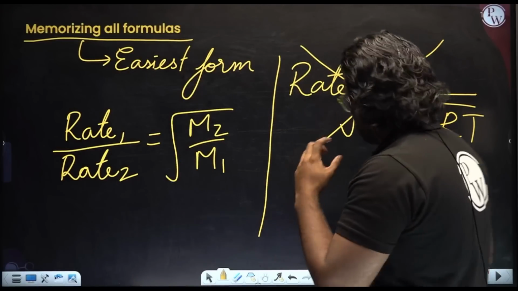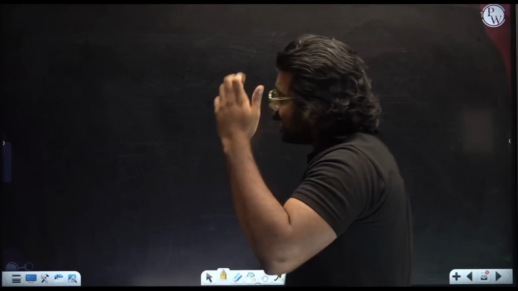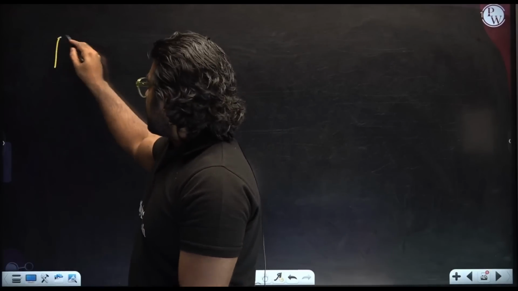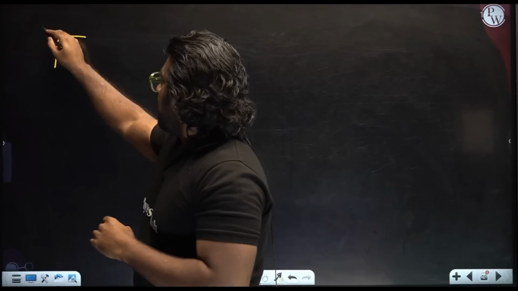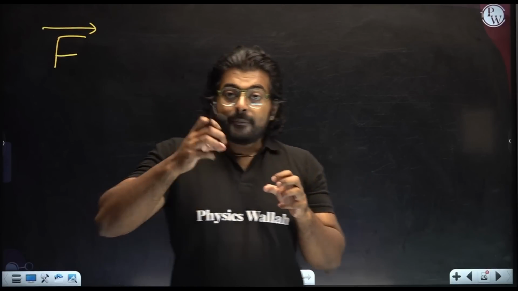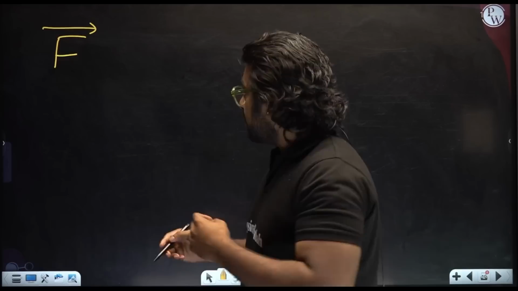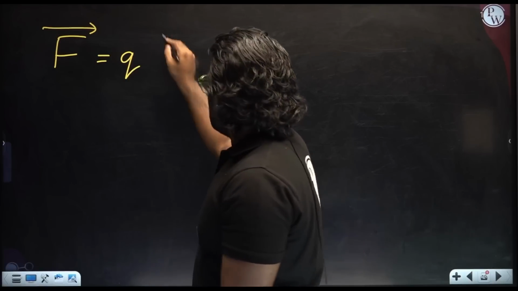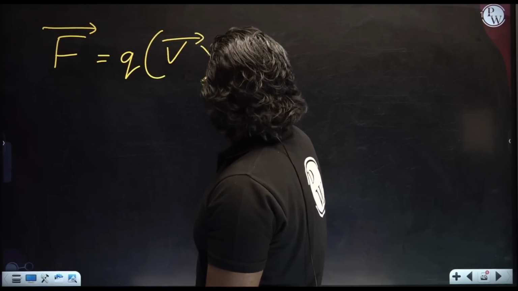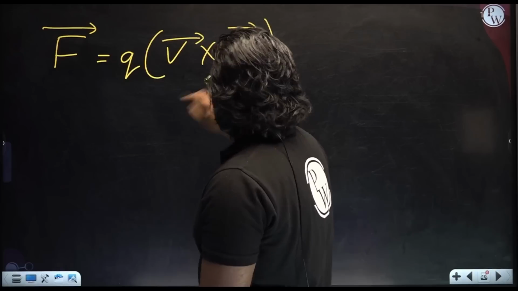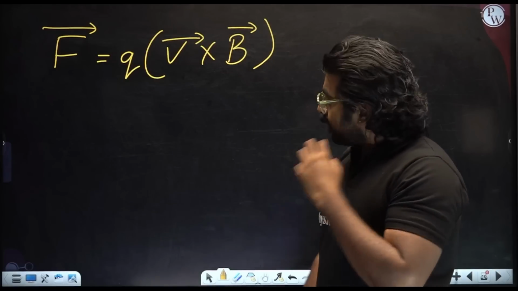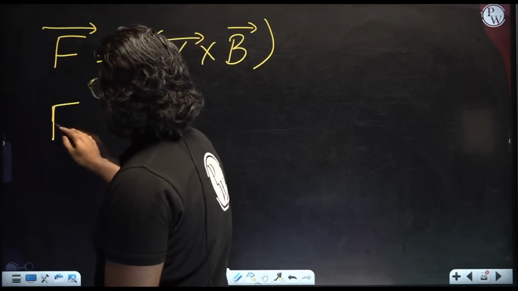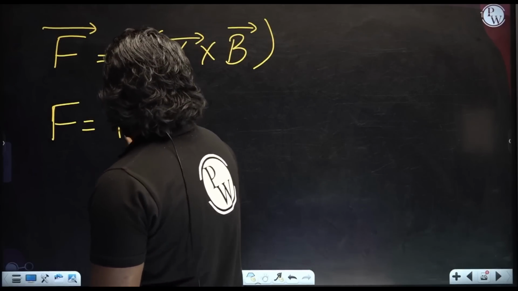One more formula that I can remember is, again, in physics. There is a formula for the force that is exerted by a magnetic field on a charged particle: F bar equal to Q into V bar cross B bar. But there is a simpler version of this formula, which is F equal to BQV.